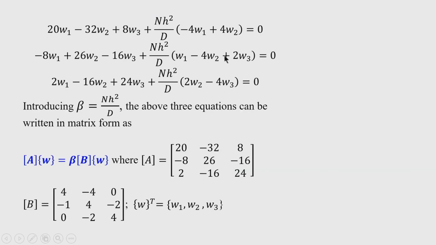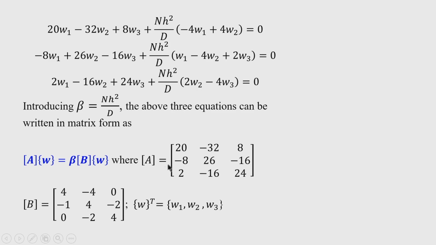So, 3 equations now we have got, and these 3 equations can now be expressed in the matrix form, say A matrix, W matrix. Beta is a factor which contains the buckling load n, and it is written as n a square by d, and beta B W, where A is the coefficient matrix, that is 20, minus 32, 8, the coefficients of W 1, W 2, W 3 etcetera in each equation.